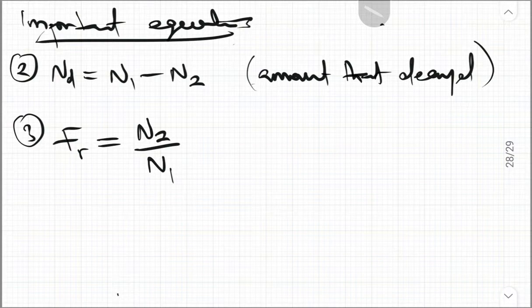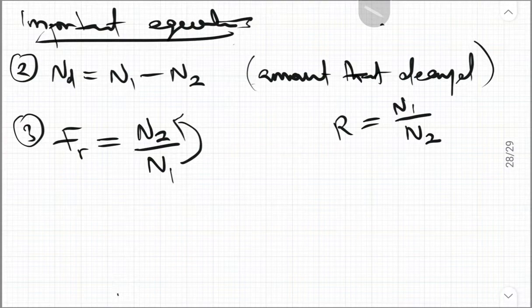Now, we said R, the disintegration ratio, is equal to what? N1 over N2. Look at this formula and look at this formula. It looks similar, but it is actually inverted, because if you take N1 up and N2 down, it will look like this. So we can say that this is actually the inverse of R. All right, so take note of this formula.